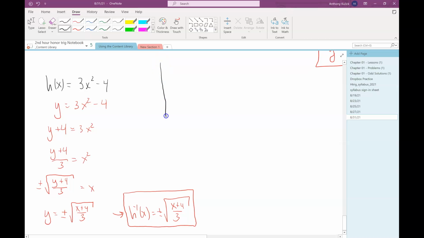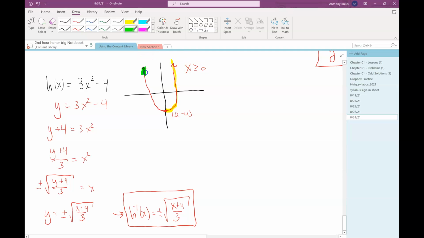So if I think back to my original, if I graph 3x squared minus 4, it's going to look something like this, where it has a vertex of (0, -4). So I could restrict its domain by taking just the part whose x-coordinates are greater than 0.